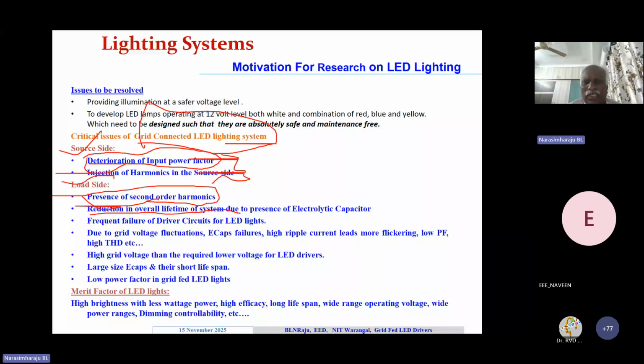But there we have only a choice: either you use a step down transformer of power frequency before that rectifier, which usually leads to a huge weight of that lamp. It becomes bulky, but that's not the desirable thing.